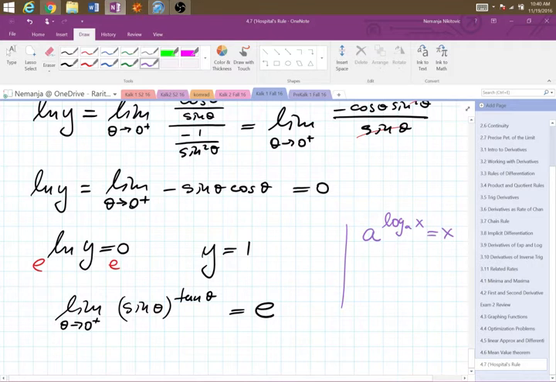In this case, the log base e of x is written as ln x, so that's a faster version. So e to ln x is just x. So if I e both sides, these cancel, leaving just y behind, and then e to the 0 is 1.